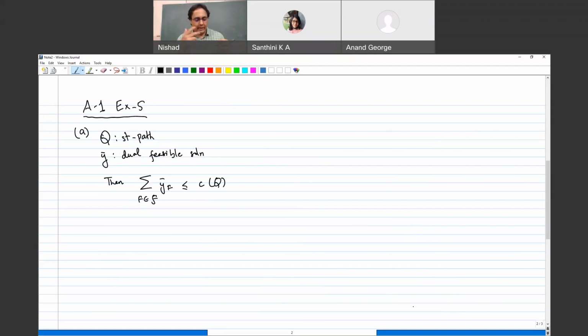I changed some notation. I think I used P for the path, but now we are using P for the primal linear program. And that is nothing but the summation of the cost of all edges in the path. Right? So this is exactly what you proved in that particular part in assignment 1. All right. So now I want to prove this using weak duality.